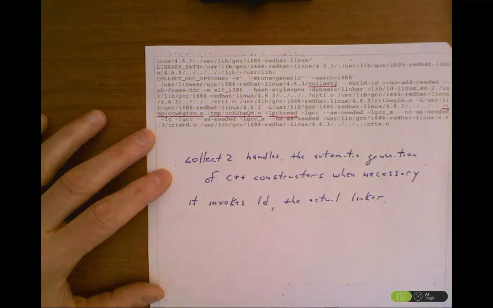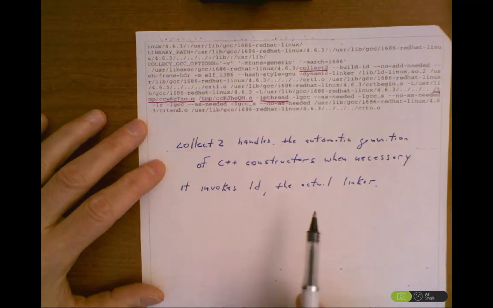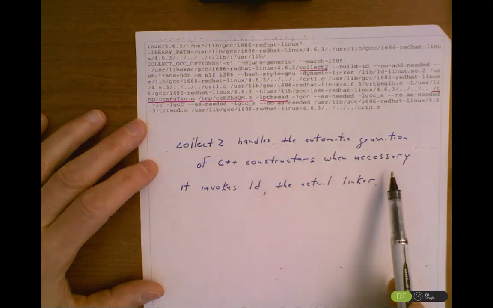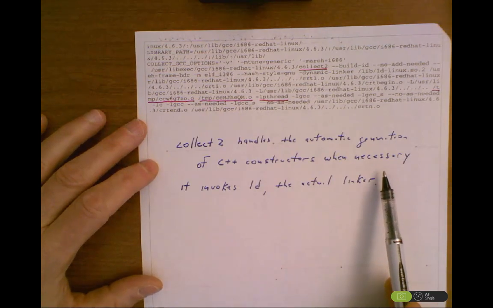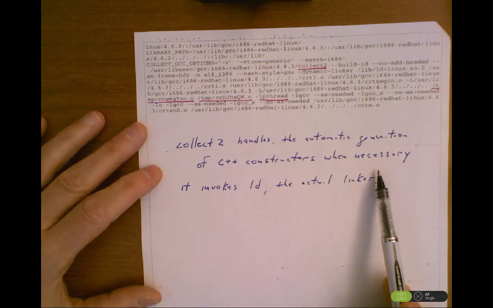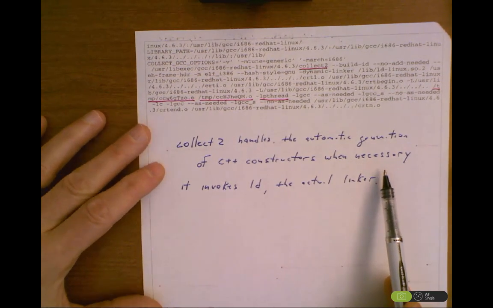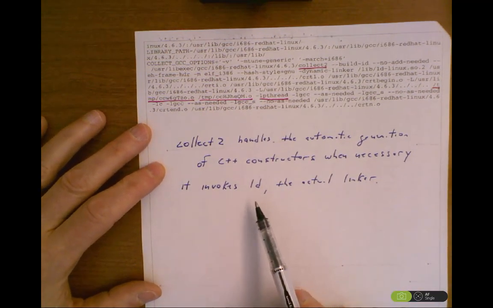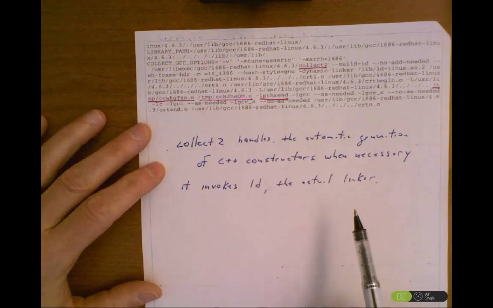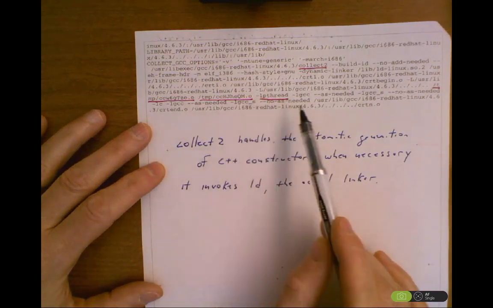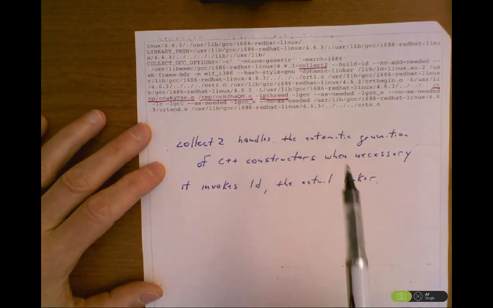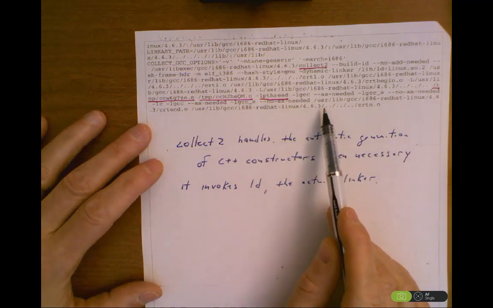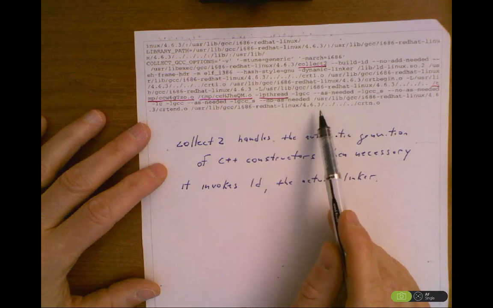Collect2 actually is there because it handles the automatic generation of C++ constructors when necessary. It's running just to see if we have any C++ constructors that need to be created. But collect2 itself invokes ld, which is the actual linker, to combine these .o files together and to search these libraries and pull in any additional object files that are necessary for things like printf.